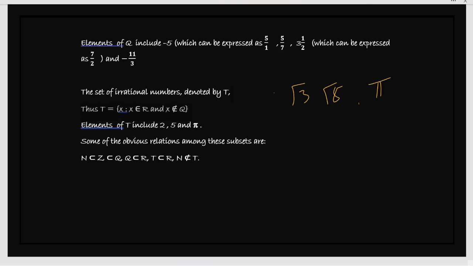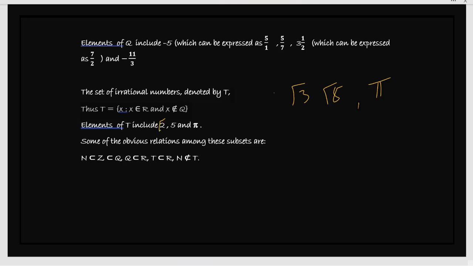These are examples of irrational numbers. They are non-terminating, meaning they cannot be written in the form of p by q. That is the definition of irrational numbers. Elements of T include 2 pi.